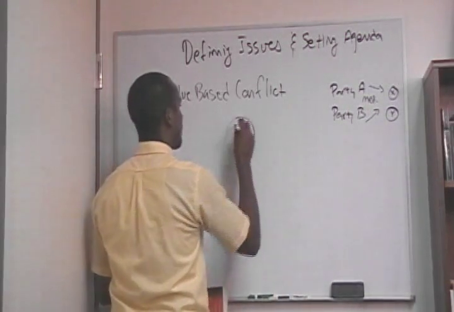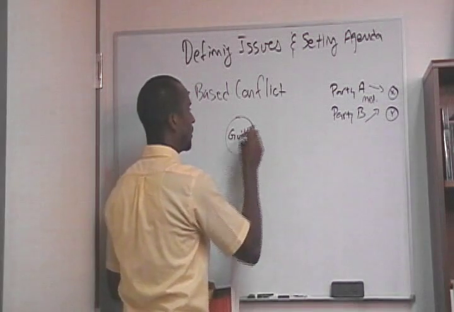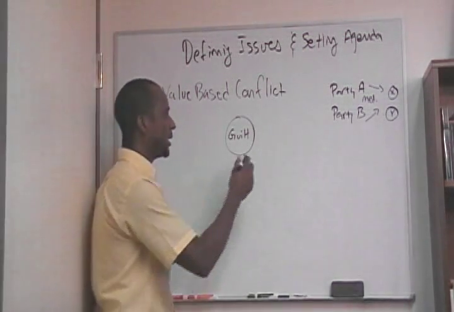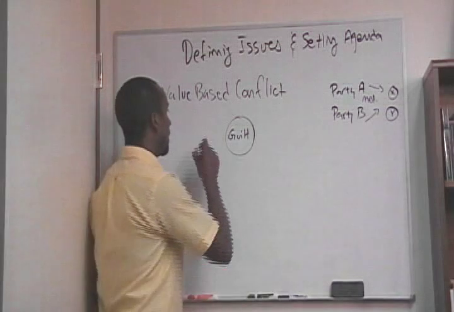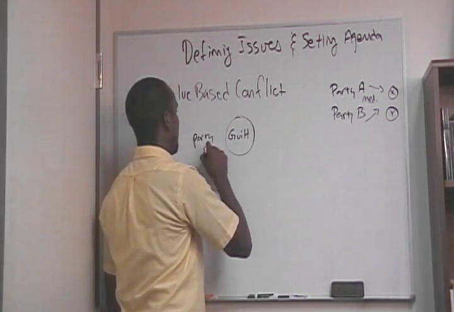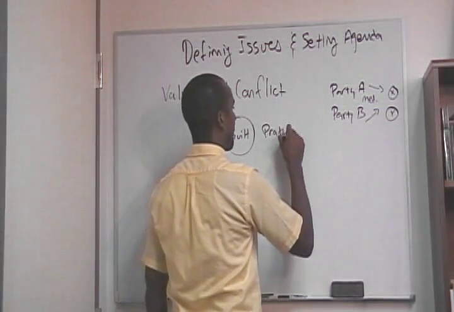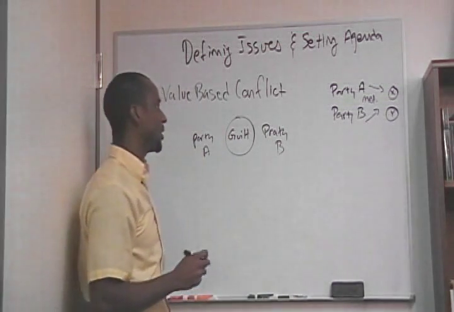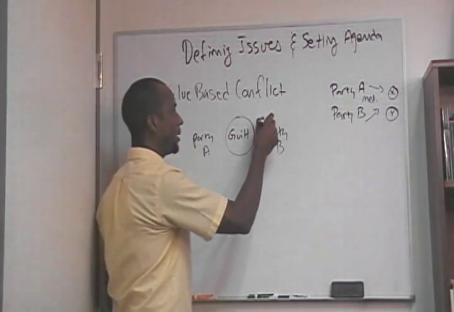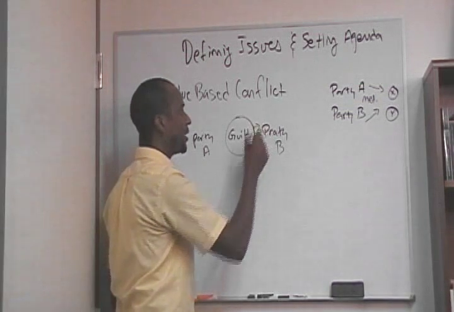So just to be clear, there's a conflict between parties. So we have a conception of guilt, let's say. And that guilt might be, let's say, infidelity, right? So you have party A and you have party B. And there might be conceptions of guilt, right? This party might feel guilty for having done something.